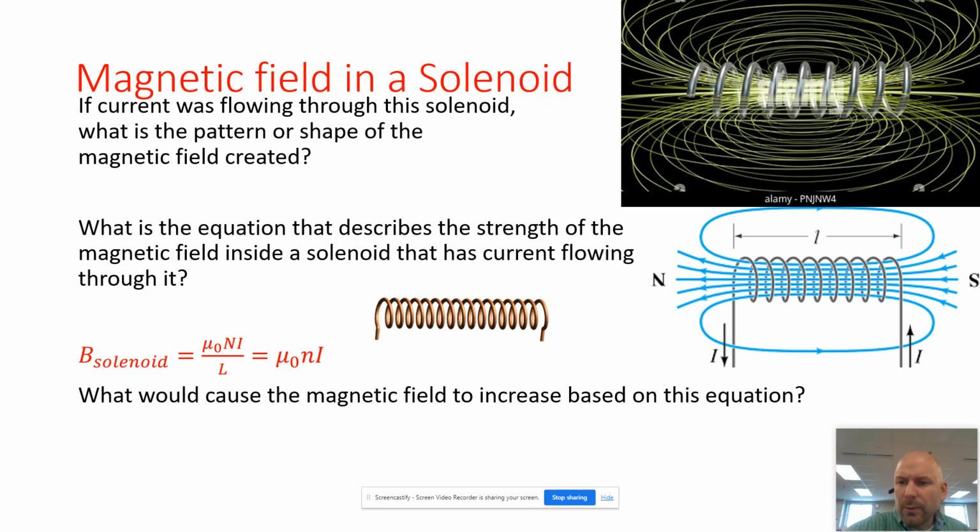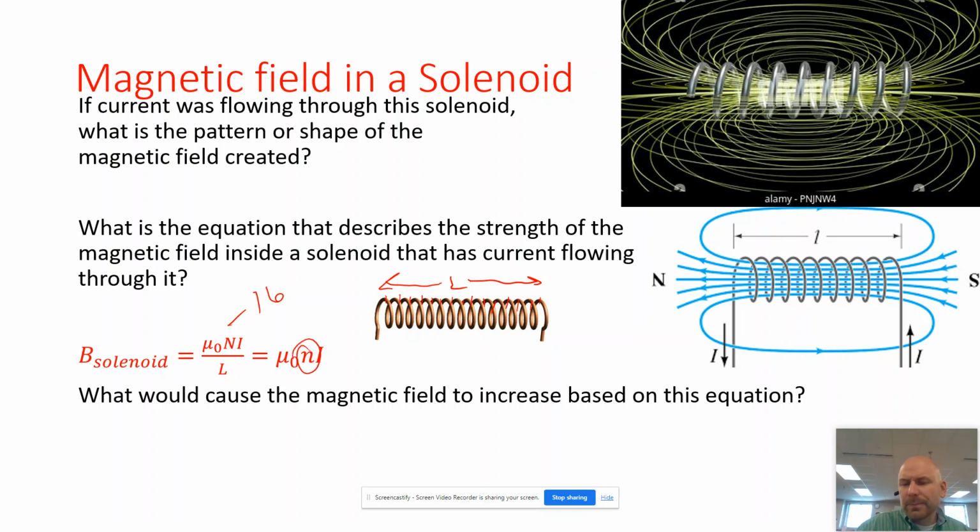So L represents this length. Capital N would represent 1, 2, 3, 4, 5, 6, 7, 8, 9, 10, 11, 12, 13, 14, 15. I think I counted 16 at one point. Anyway, that would be 16 loops over whatever that length is.